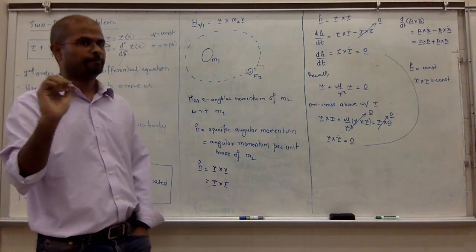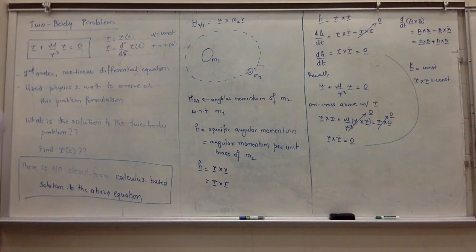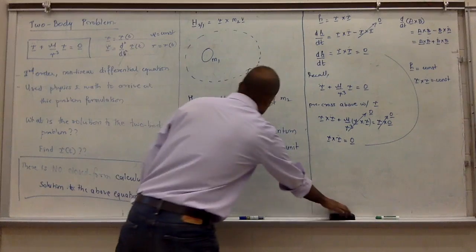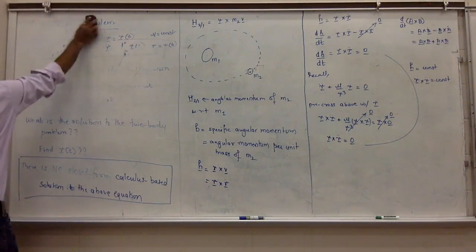There is a component which is tangential and a radial component of the velocity. You understand what I'm saying? So this velocity vector, I'll draw it here to make it a little more clear.